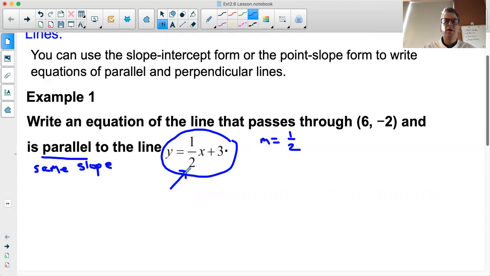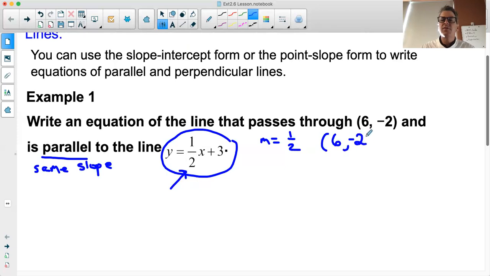So by looking at that, you see that it's 1/2. And so this is not the same line. So we're finding a line that's parallel to that, but we're using the slope information from this line. Okay, our slope is 1/2, and it so happens that it contains the point (6, -2).